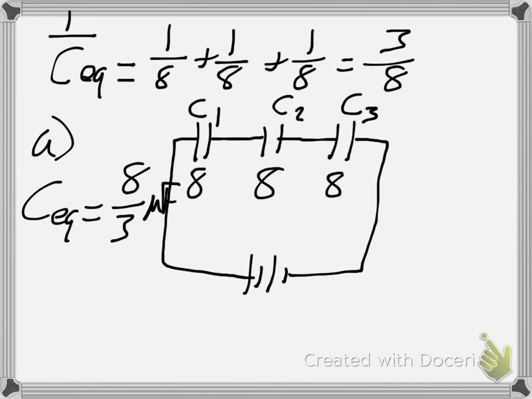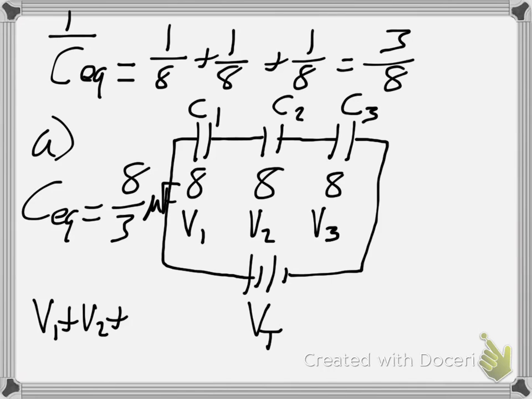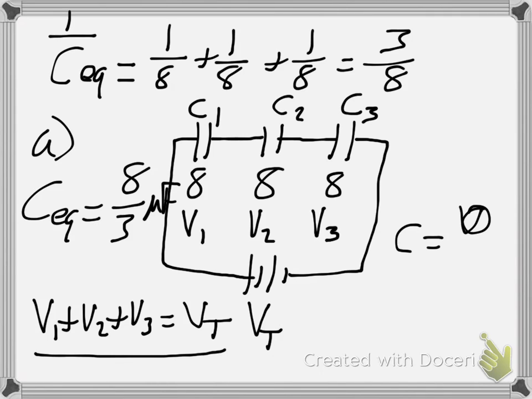And if this is your total voltage, then V1 plus V2 plus V3 must be the voltage drops across each. So V1 plus V2 plus V3 is equal to V total. And then you can rearrange this equation as we did before using the definition of capacitance, that needs to be Q over V.